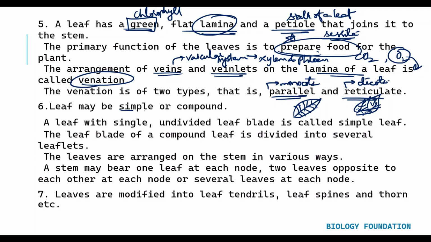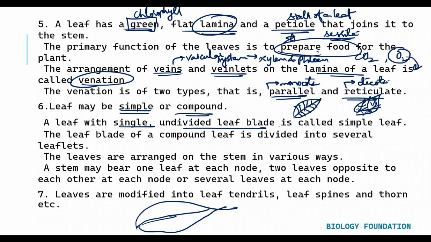And leaves can be simple or compound. In a simple leaf, the leaf lamina is not divided, okay, it is undivided. So a leaf with a single undivided leaf blade, lamina and leaf blade both mean the same, is called a simple leaf.